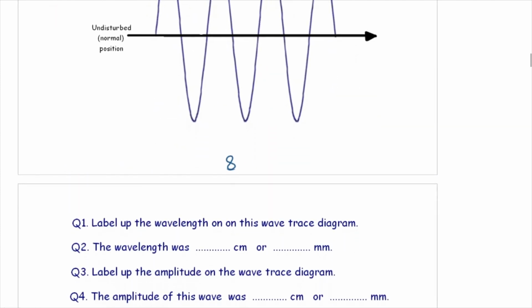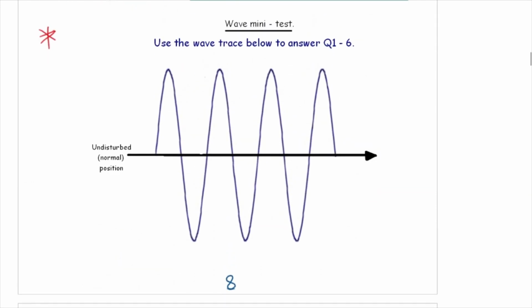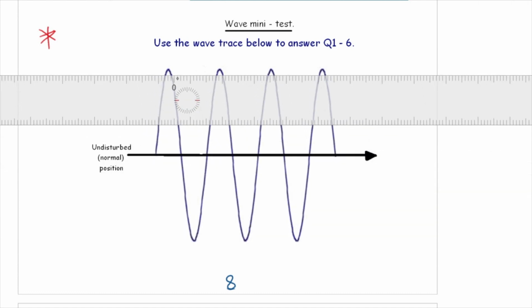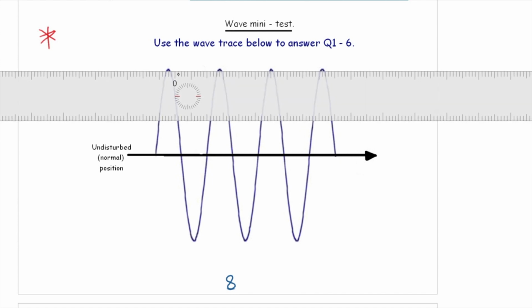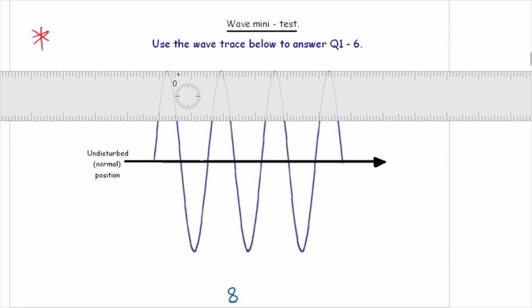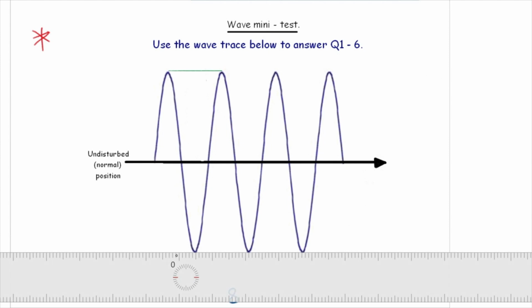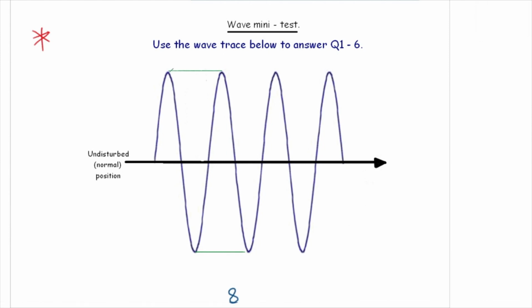Okay, the first question then, label up the wavelength on this wave trace diagram. Using a ruler, you could have labelled from peak to peak or trough to trough. So if I were to go peak to peak, I could do that, or I could do trough to trough down here. It doesn't matter. Now, obviously, the values that I'm going to be using will be different to the ones in your box.